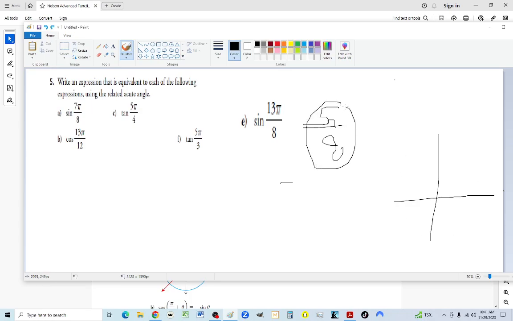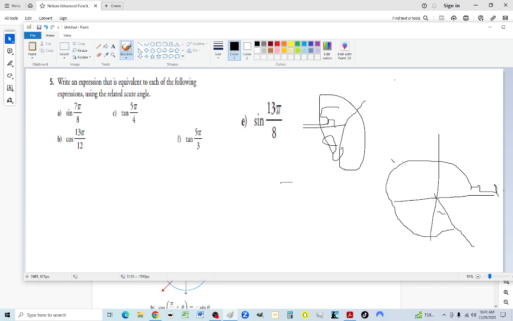Well, 5 pi over 8 is more than half, which means it goes to here, and ends up in here. And that little left over, we'd have to figure out 2 pi minus 5 pi over 8 to figure out the acute. Well, 2 pi is the same as 16 pi over 8. If I subtract the 5 pi over 8, we're talking about 11 pi over 8. That's the acute angle.